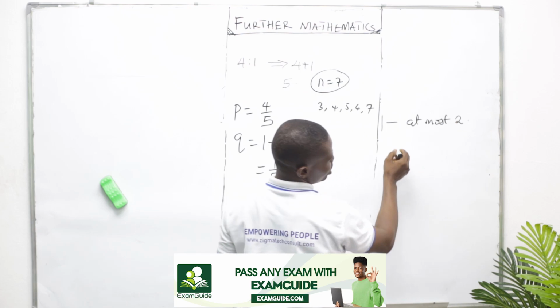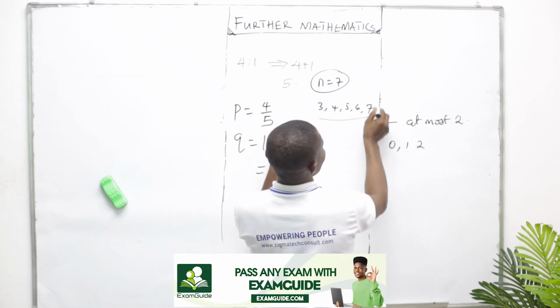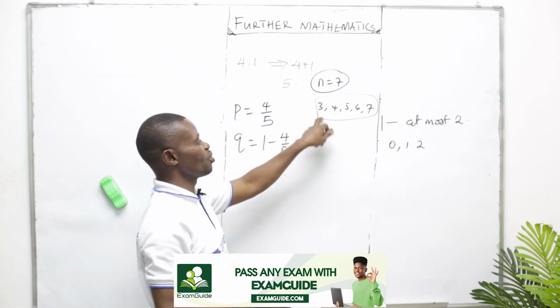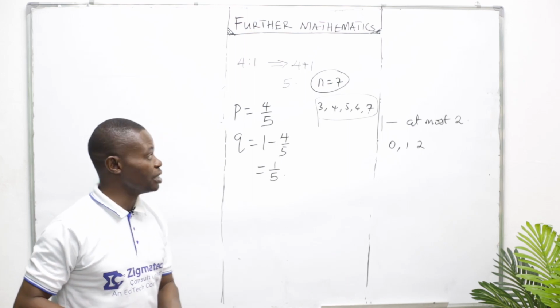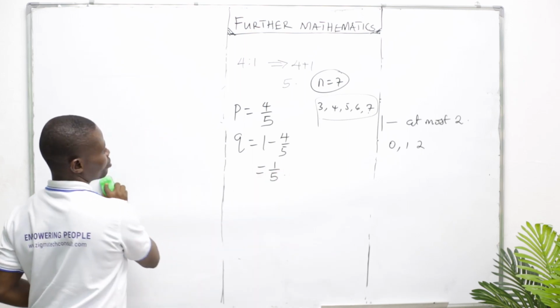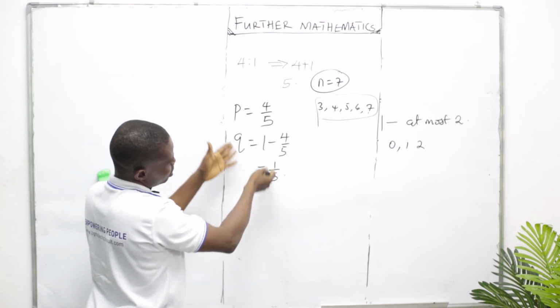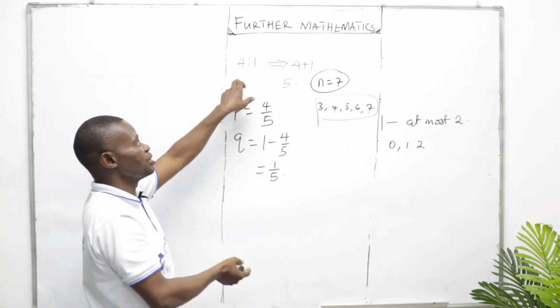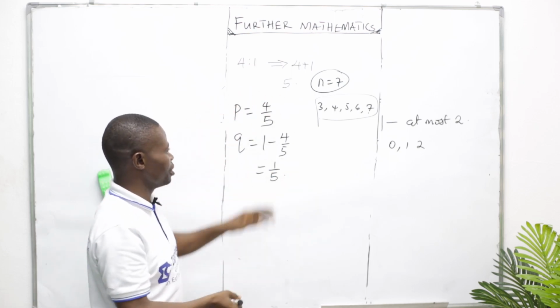At most 2, which are 0, 1, 2. It will represent this perfectly, instead of doing 3, 4, 5, 6, 7. Which time? You don't have such time in the exam hall. Okay. So I've outlined what you need here because some of you, since it's a ratio, your mind will be telling you another thing. Look at your success, look at your failure.